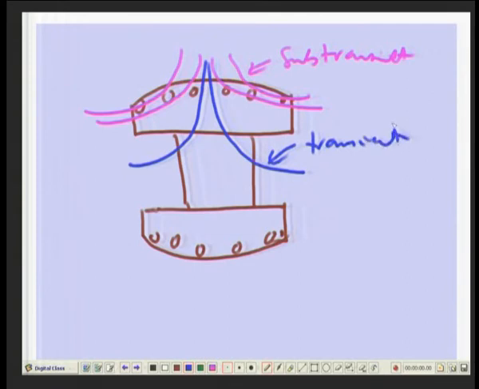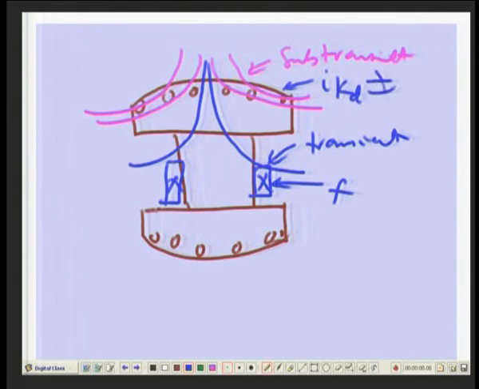When transient happens, then this field winding is there, is it not? This is F winding. That comes into the picture because they are short circuited. Initially it will not have current, right. So, here IKD is not non-zero, IF is non-zero here.